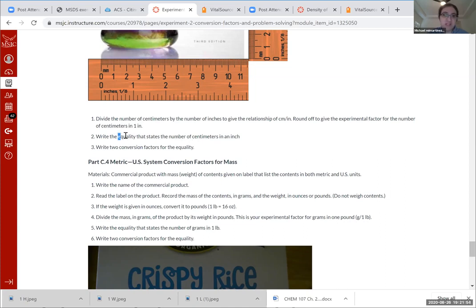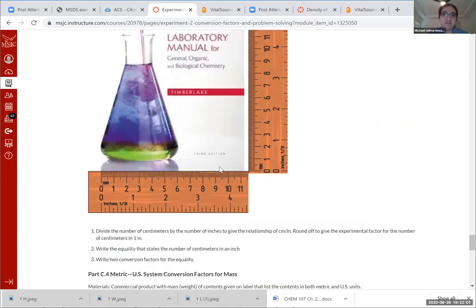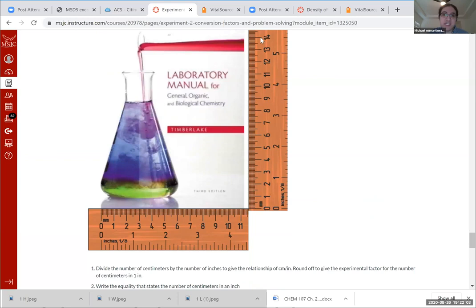Then you're going to write an equality that states the number of centimeters in an inch, and write 2 conversion factors. So you're going to measure the length in centimeters, which is the top, and the length in inches, which is on the bottom. Make sure to follow sig fig rules. Does that make sense to everyone?